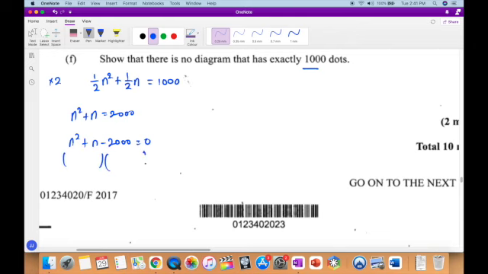Now remember, when we factorize, we're looking for two numbers that when you add them you'll get 1, but when you multiply them you'll get 2,000, or negative 2,000 actually. So two numbers that when you add them we will get positive 1, and when we multiply them we will get negative 2,000. Oh my goodness.